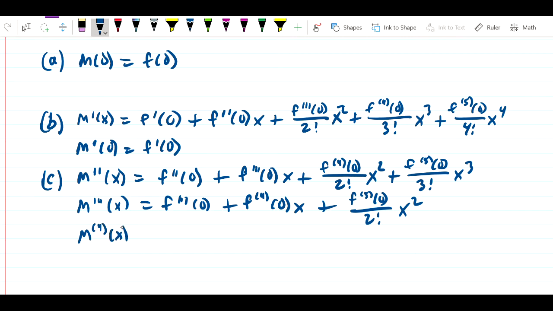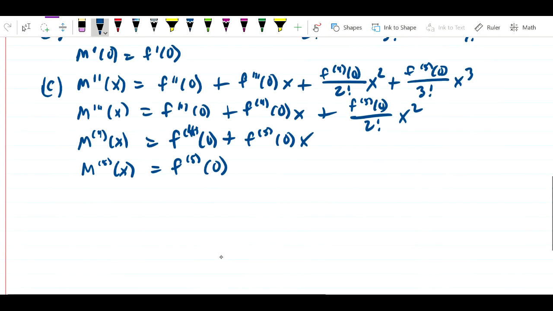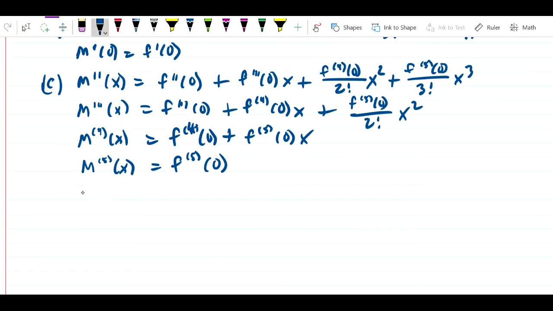and m4 of x equals f4 of 0 plus f5 of 0 x, and then of course m5 of x just equals f5 of 0. So we can easily see now that if I plug in 0 into any of these, I just get these terms because all the others have an x after them and they disappear.